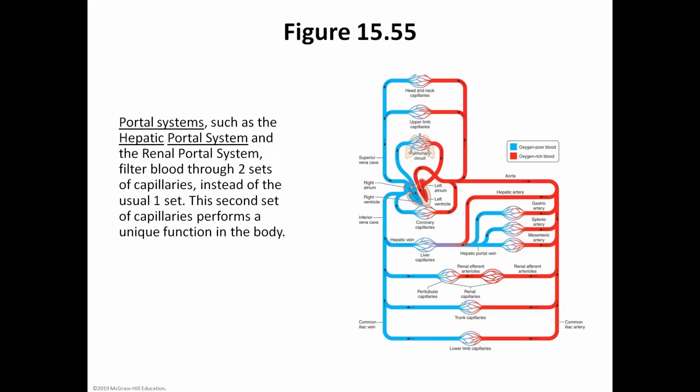Basically, it performs a unique function in the body to help with that filtration. Instead of having only one set of capillaries, like normal, it has two sets of capillaries, so it can really help with filtering the blood. That's the ultimate goal: you want to filter it, make sure everything's good, and then it can go back to the inferior vena cava and back up to the right atrium.